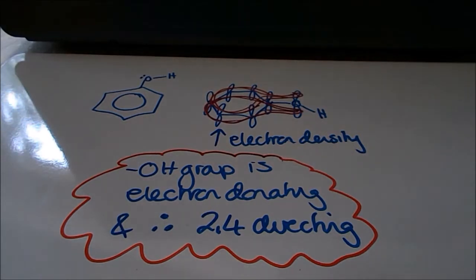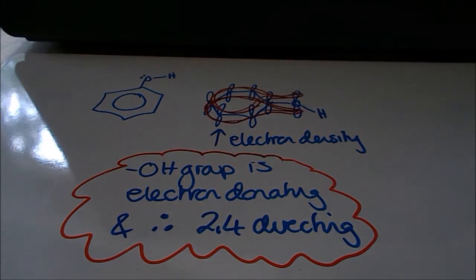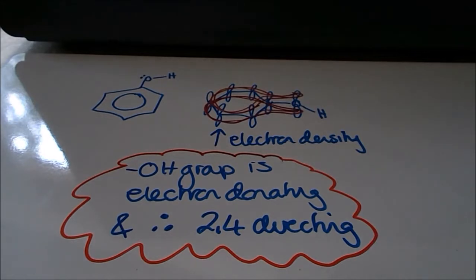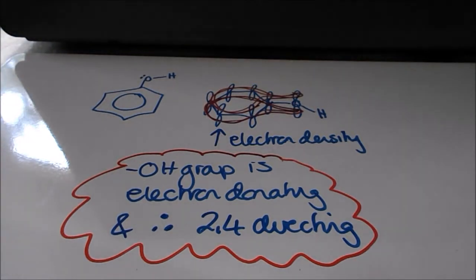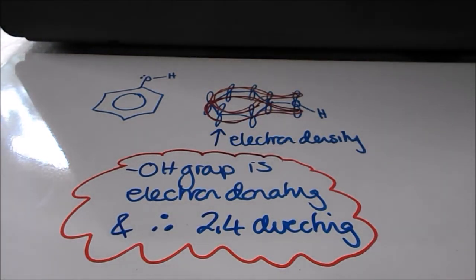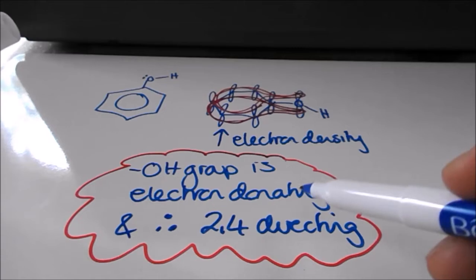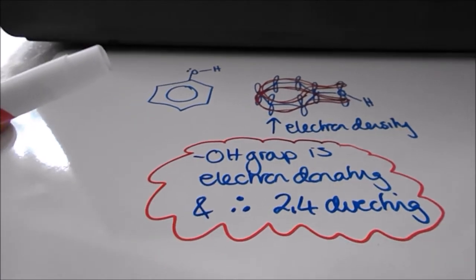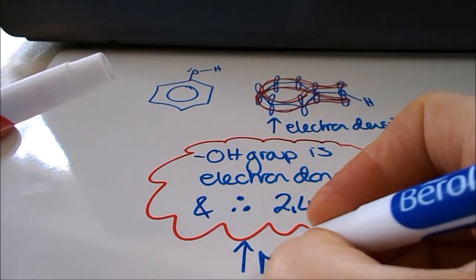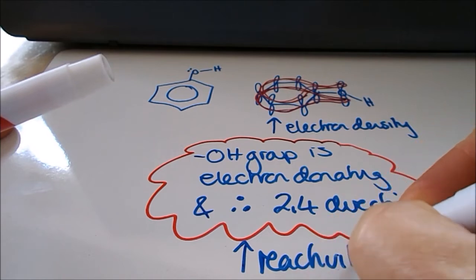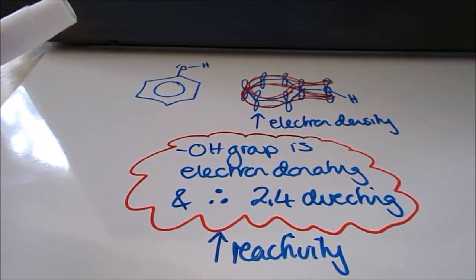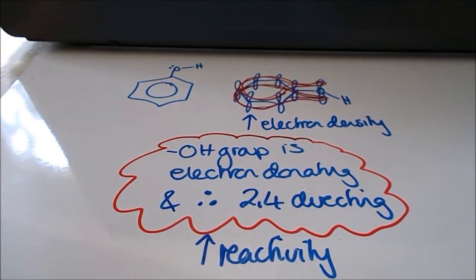So that accounts for substitution in all positions around the ring. On your fill-in sheet, you've got a little table with the key bits that you need to remember. When you've got electron donating groups, remember that that leads to increased reactivity in comparison with benzene. By contrast, if you've got electron withdrawing groups, we've got decreased reactivity in relation to benzene.